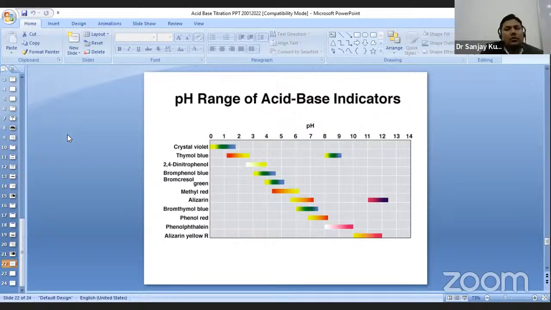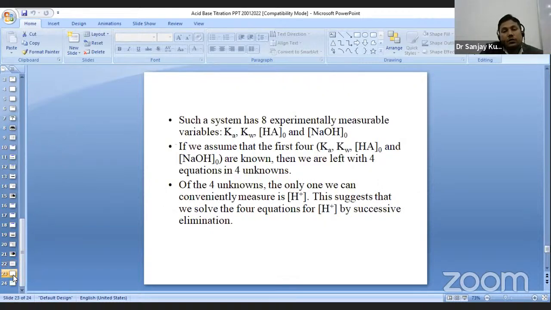We are using phenolphthalein as an indicator because it gives a good result at pH 7. And then for weak acid, strong base, we are using methyl orange, methyl red, crystal violet, phenol red. Different indicators we have. So depending on the character of the compound and its response, we are using different indicators.